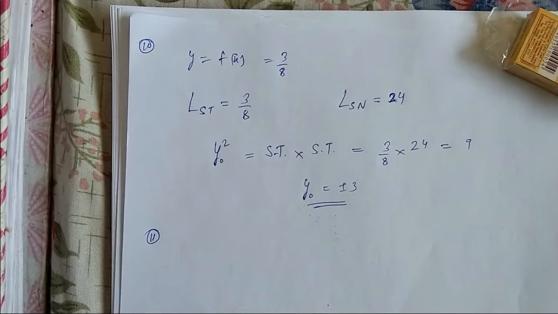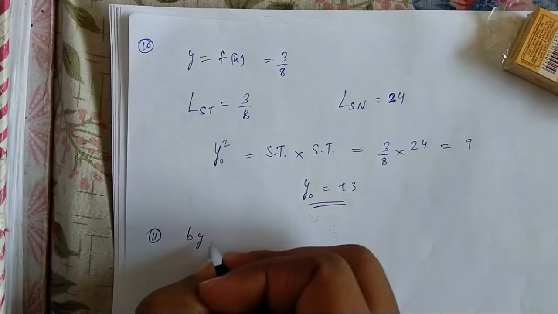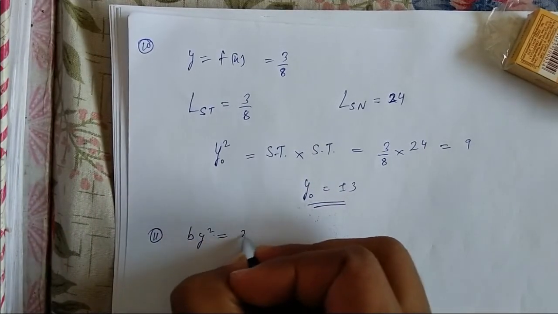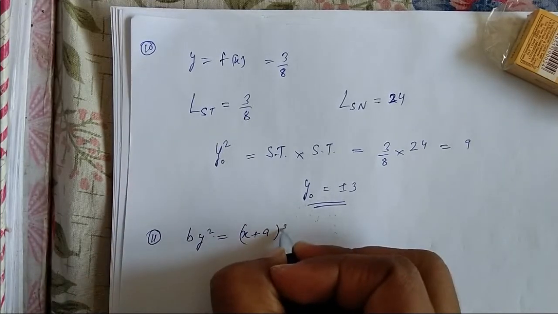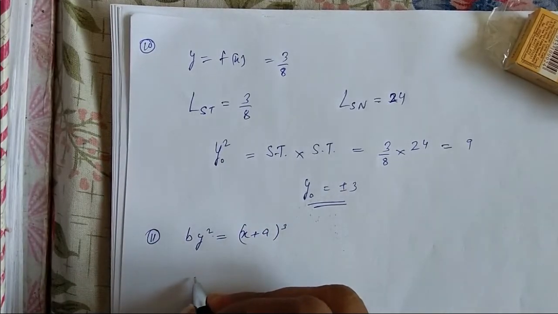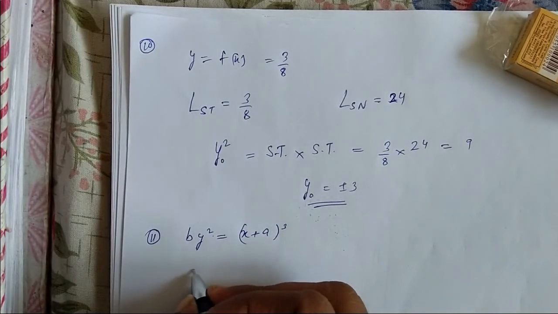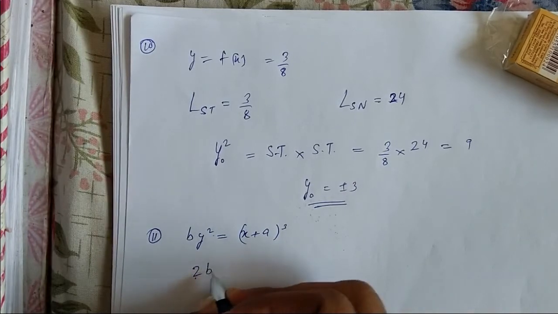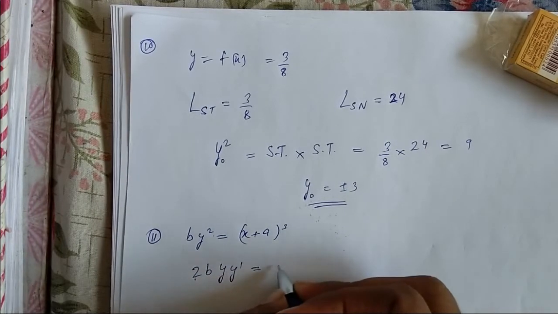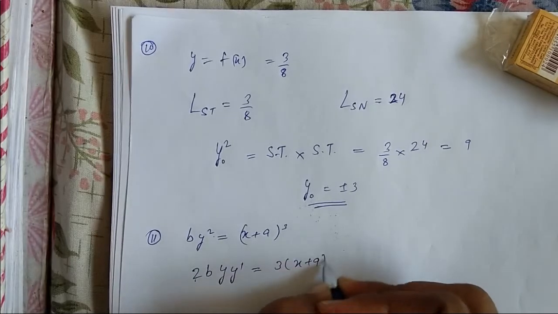So if by square is equal to x plus a whole cube, let's calculate y dash first. 2by dash equal to 3x plus a whole square.